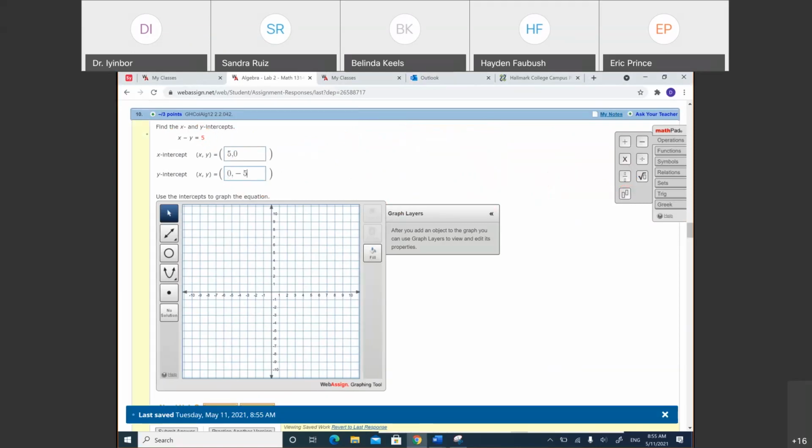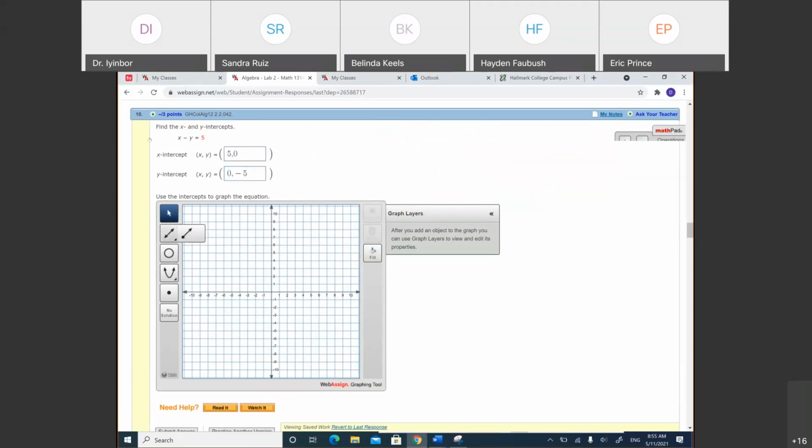Okay, and then using those 2 points, I'm going to graph it. I'm going to click on the straight line, the first choice. The second one is a vector, the third one is a segment. We're not graphing those, we're graphing a line, so we click the first one. Then I click at (5, 0): X is 5, Y is 0.